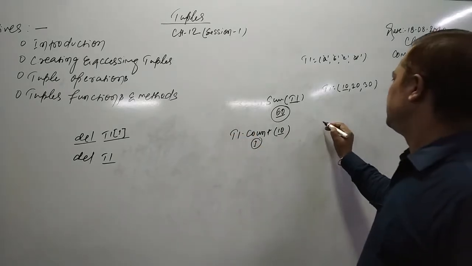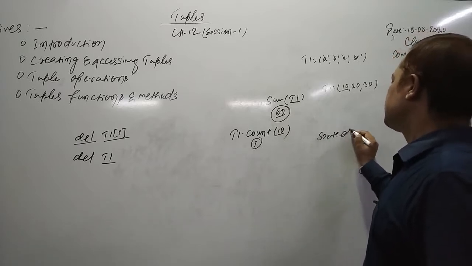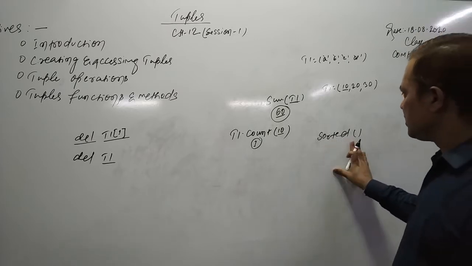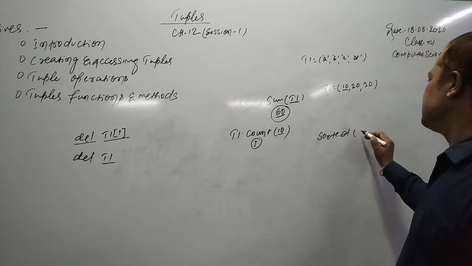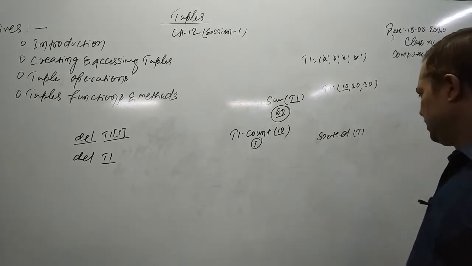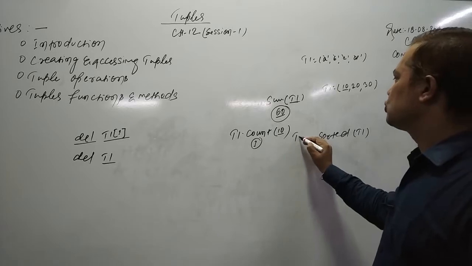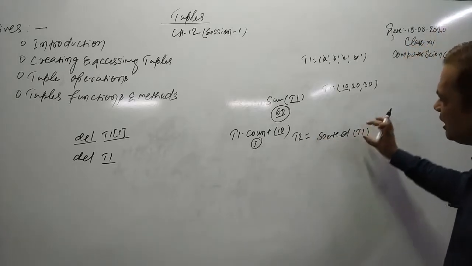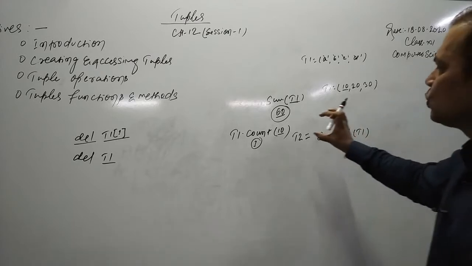Now the sorted method. Sorted we also use in the case of list, and you must be remembering. The sorted method just sorts a particular tuple. That tuple you have to pass here in the bracket, T1, and it stores the result somewhere else. So if I say T2 equals sorted(T1), it means the T1 tuple will be sorted in ascending order and stored in T2.